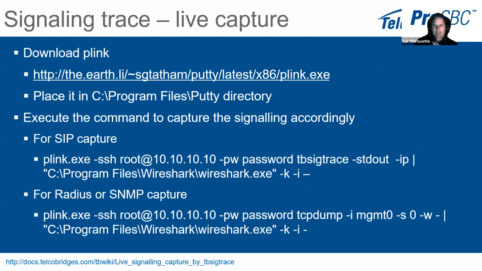Now, it's possible that if you have some traffic that is running not in different applications, but it's running on the management port, then maybe you need to do TCP dump to have the output on the management port. So TCP dump is like this.